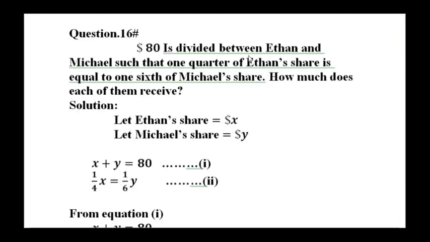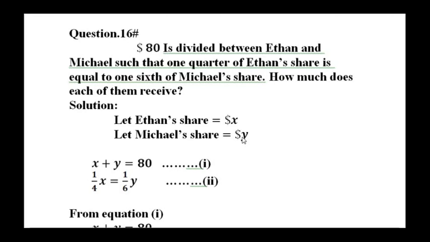Question number 16. $80 is divided between Ethan and Michael such that 1/4 of Ethan's share is equal to 1/6 of Michael's share. How much does each of them receive? Now that we are familiar with how to solve these types of questions, I'll assume Ethan's share as x dollars and Michael's share as y dollars.